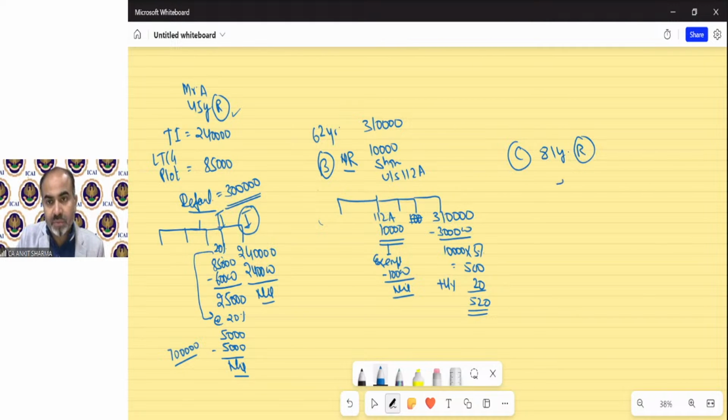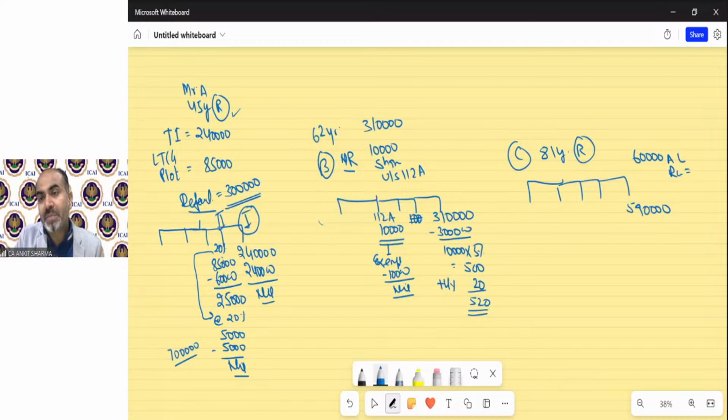This income has been given 5,90,000 and 60,000 from sale of agricultural land in rural area. 60,000 is from agricultural land in rural area. So that is exempted. That is not a capital asset. So only income remains 5,90,000 rupees.